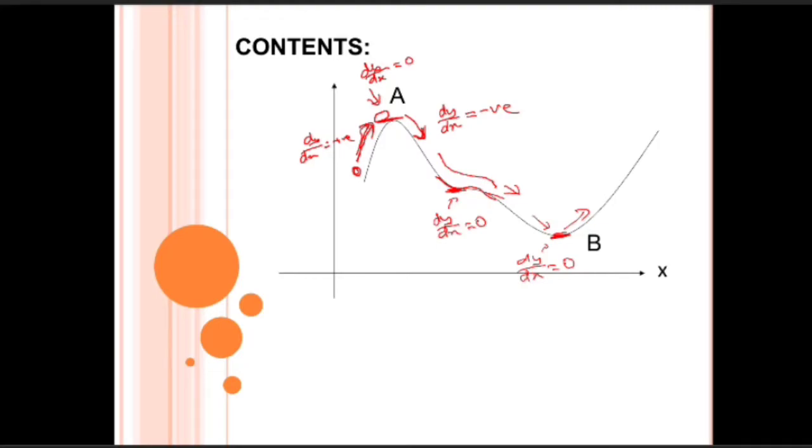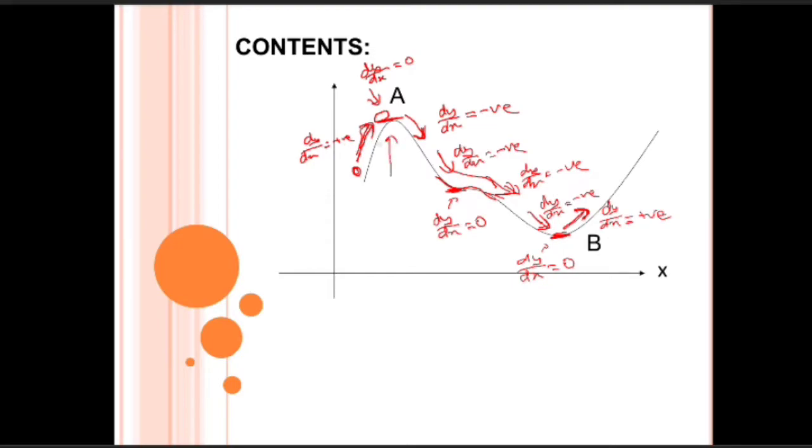When the arrow is going up, that means the gradient is increasing, so dy over dx is positive. When the arrow is going down, the gradient is negative. Here both arrows are going down, so both gradients are negative.